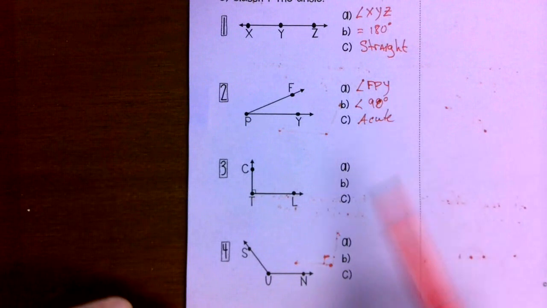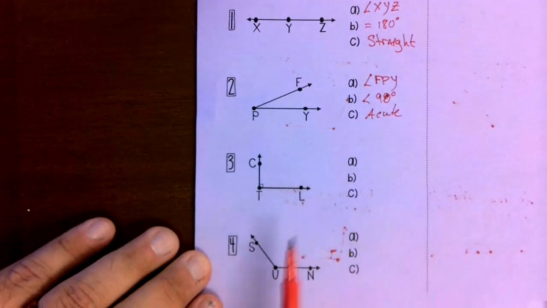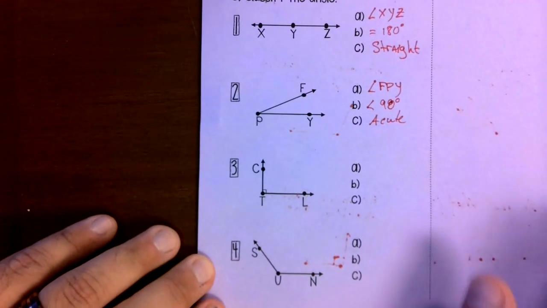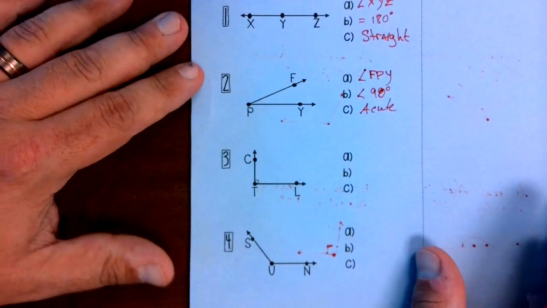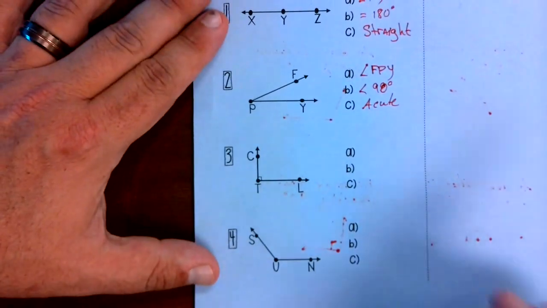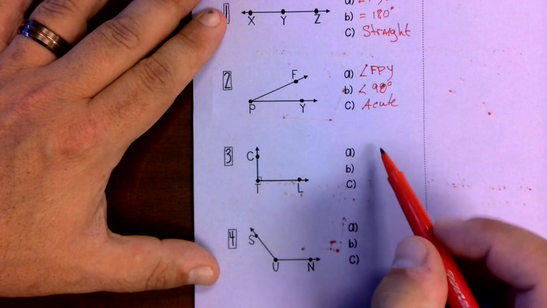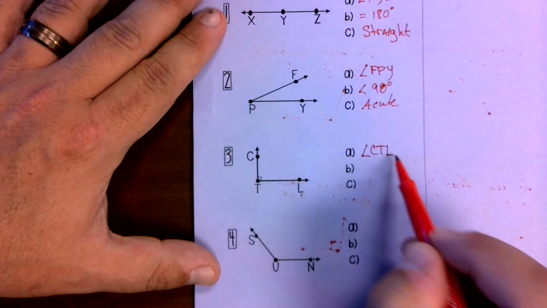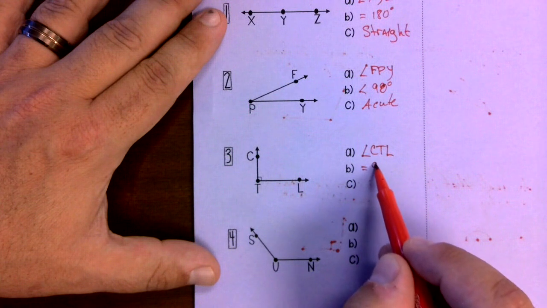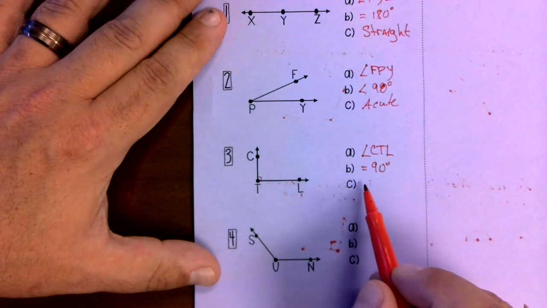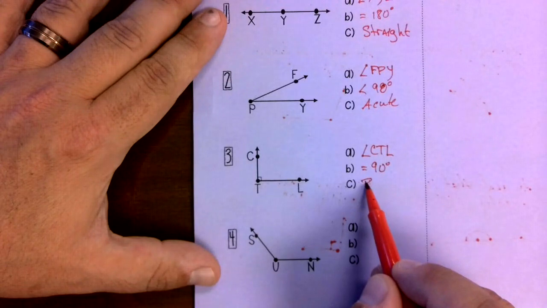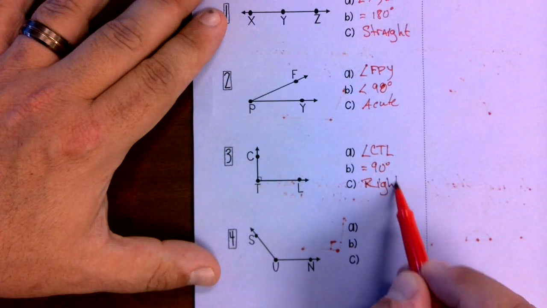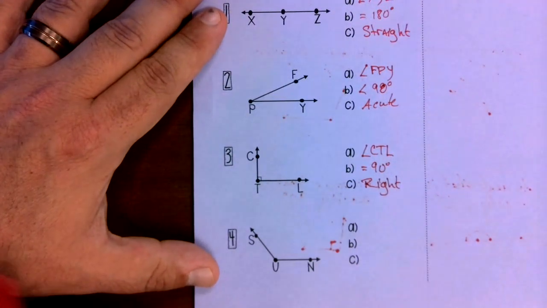Now, I would encourage you to pause the video and try these last 2 on your own really quick, and then come back and check just to see how you did on them. So this one, angle CTL, it equals 90, and that is a right angle.